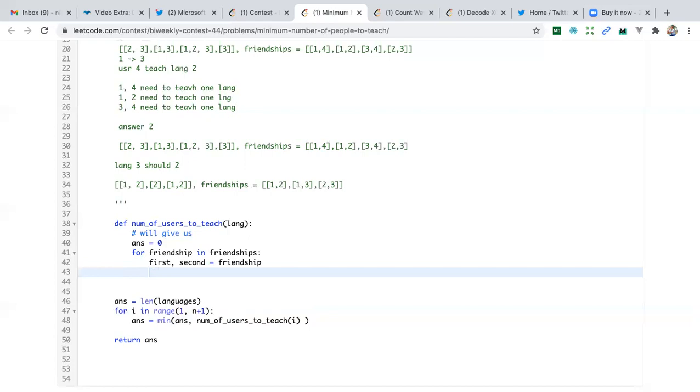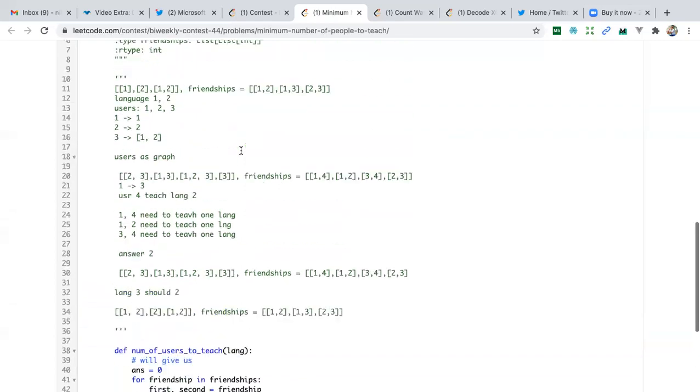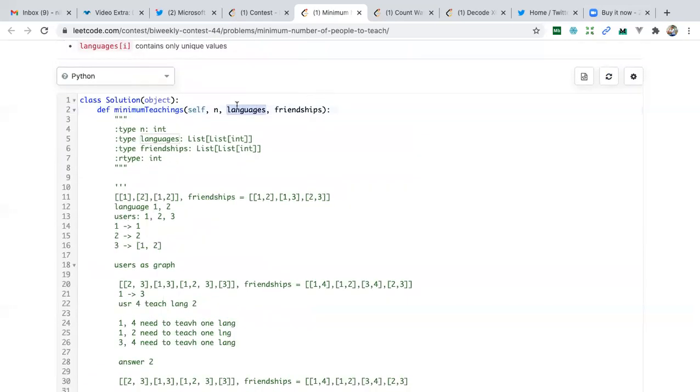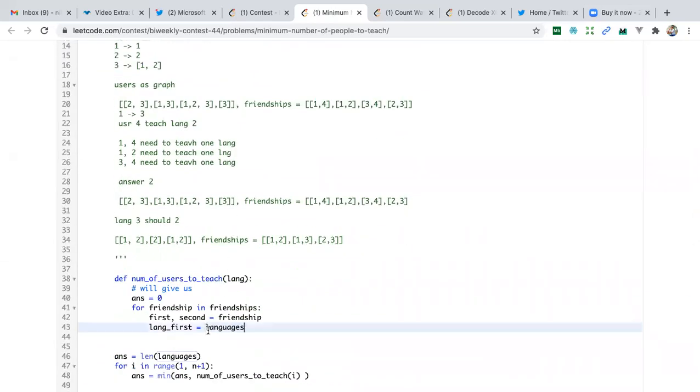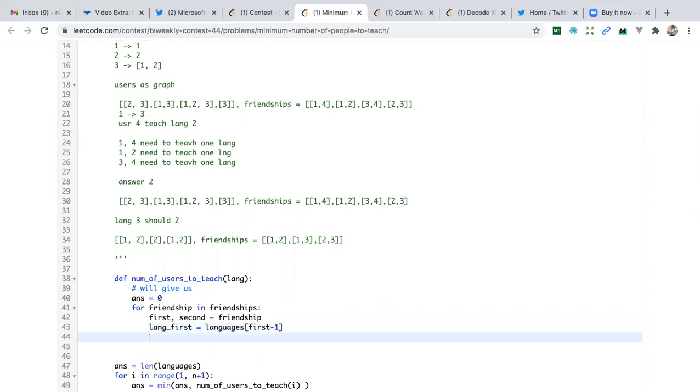So language first will be languages first minus 1, right? Yes. Language first is the language spoken by the first user, and language second is the language spoken by the second user.